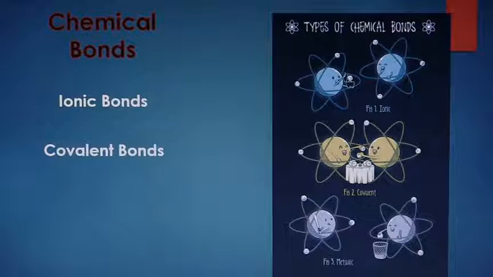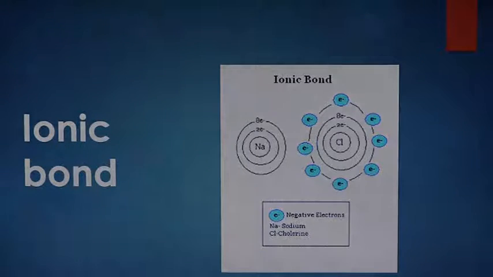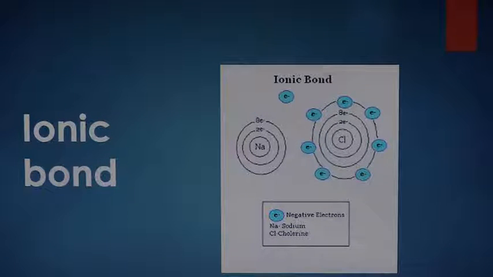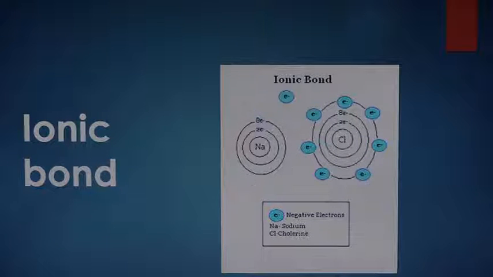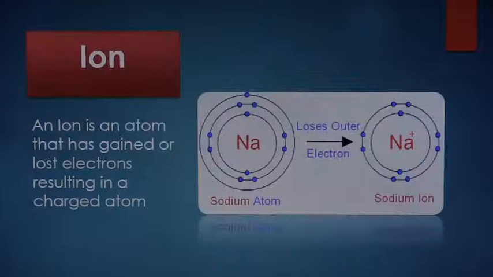An ionic bond is formed by the transfer of one or more electrons from one atom to the other. The atom that is usually neutral becomes an ion. Ions are formed when the balance of positive and negative charges is lost, resulting in a charged particle.